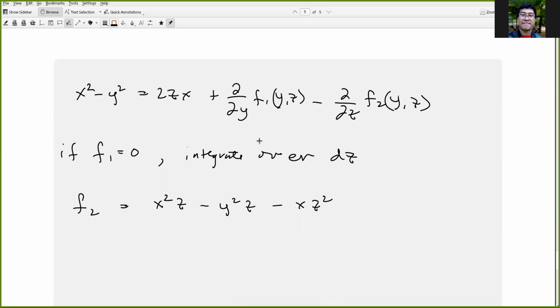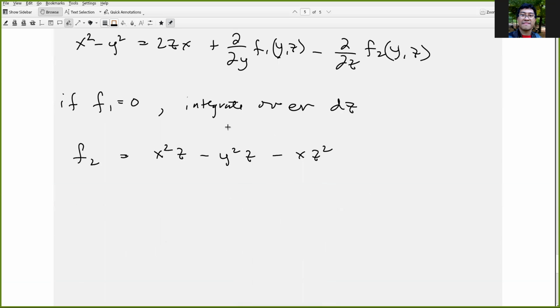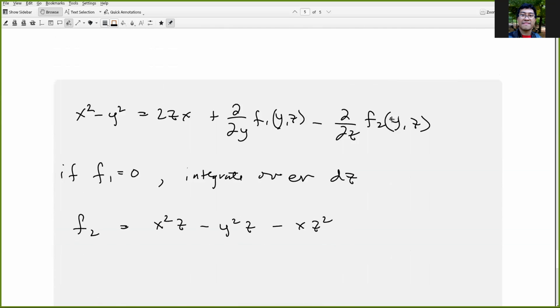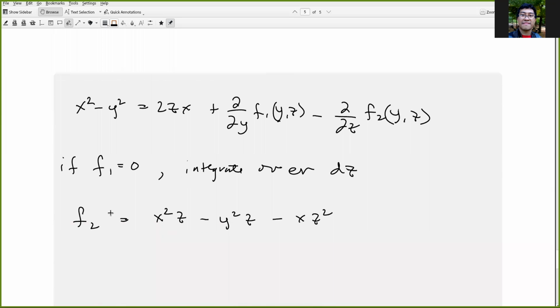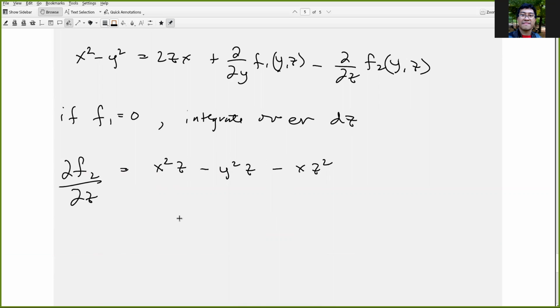Here it might be best to solve first the partial of f2 with respect to z.